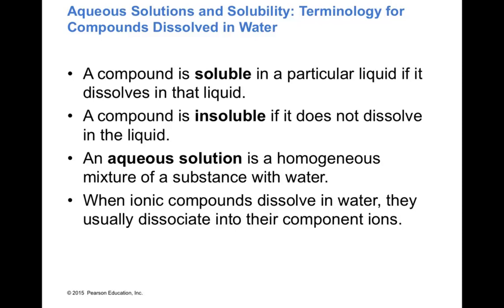So when it dissolves in water, you are not just dissolving the compound, you are also separating those ions. That process of separating the ions is called dissociation. One thing is dissolving, when a compound is dissolved in a liquid, and dissociating is when you separate the ions in a specific liquid.